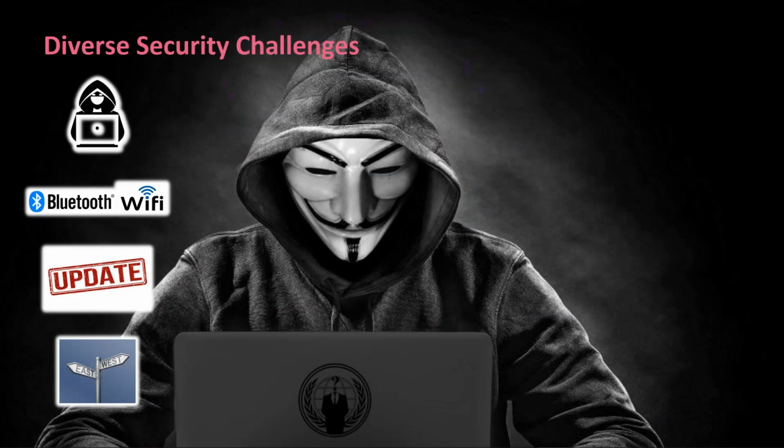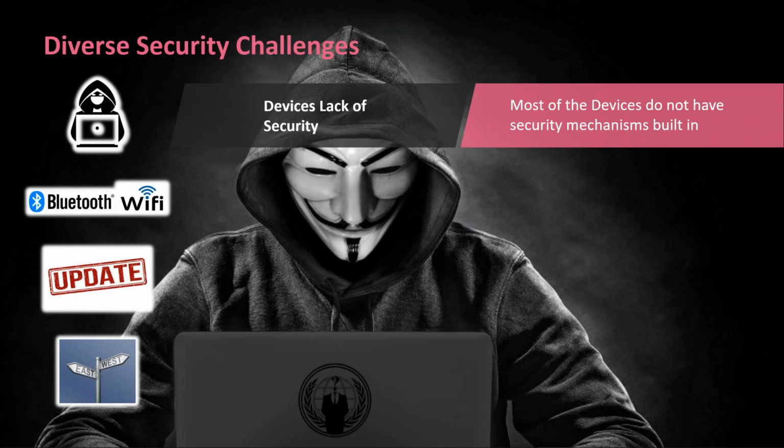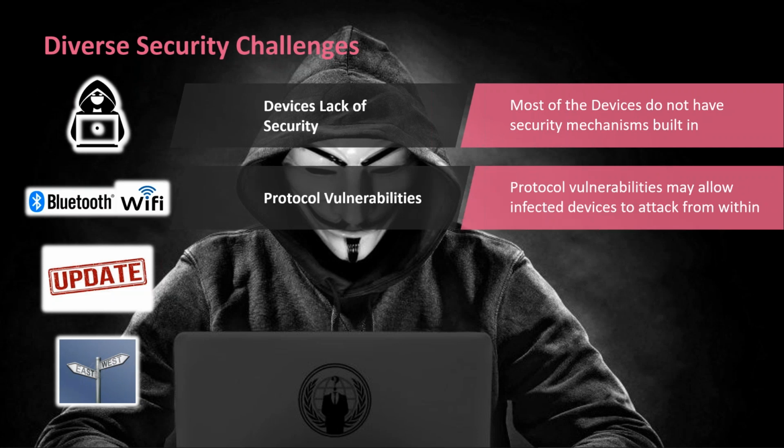So when it comes to protecting IoT, it goes beyond just a firewall, just a set of rules. IoT brings in a lot of challenges. The devices inherently lack security. They lack the processing power to provide proper security against exploitation, which can later compromise your network. Most of the devices don't have the security mechanisms built in. There are a lot of protocol vulnerabilities that we heard a lot about this past year, a lot of Wi-Fi related vulnerabilities, and they allow the attackers to attack from within the internal network.